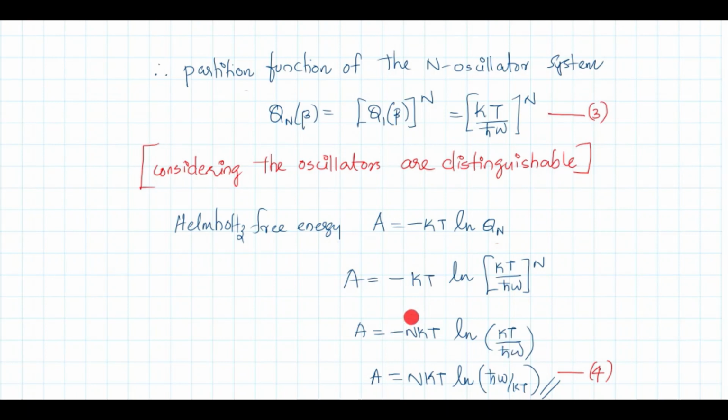This minus you can take into the log and that becomes inverse, because minus log a you can write as log a raised to minus 1, and that is why this kT by h cut omega becomes h cut omega by kT. Call this equation number 4. This is the Helmholtz free energy.